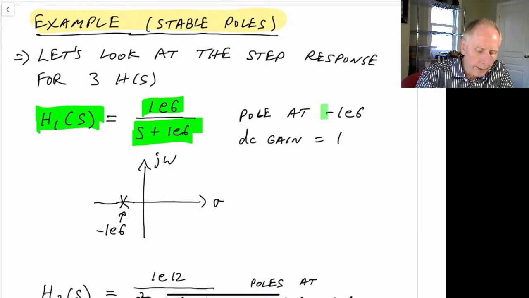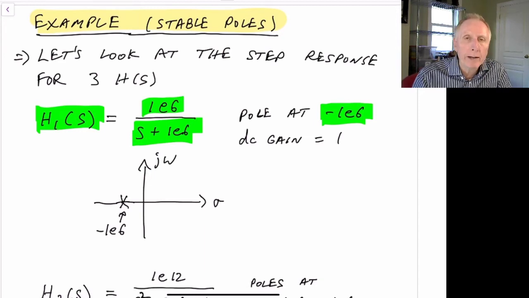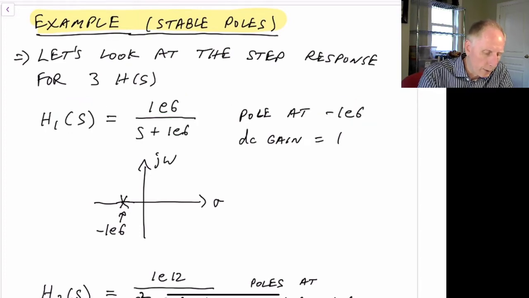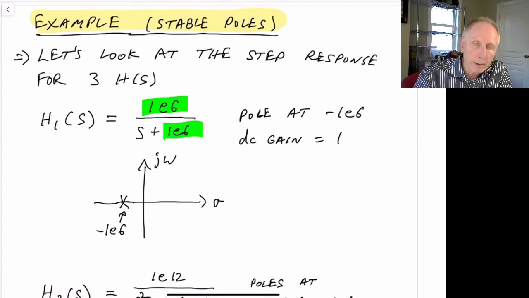So this has a pole at negative 1e6, so negative 1 mega radians per second. It has a DC gain. When we let s equal 0, we'll see that the DC gain is just the numerator divided by the constant down here, so the DC gain is equal to 1.